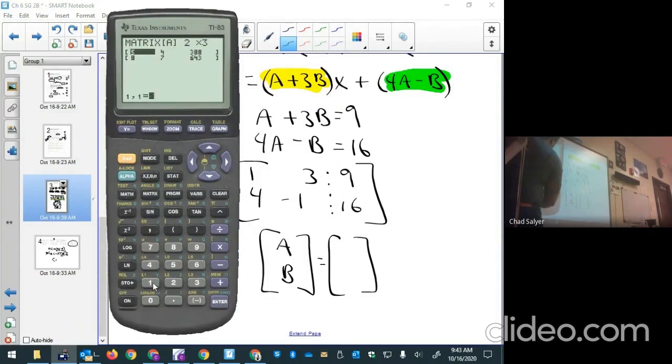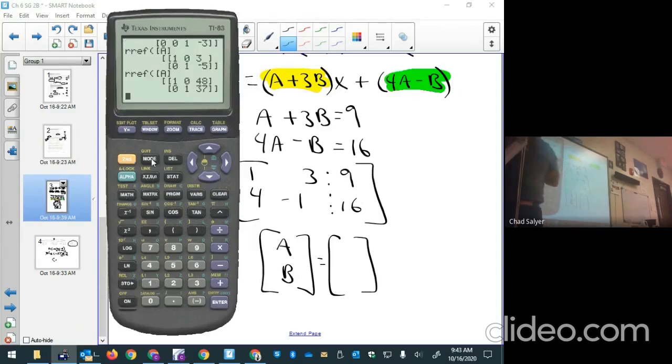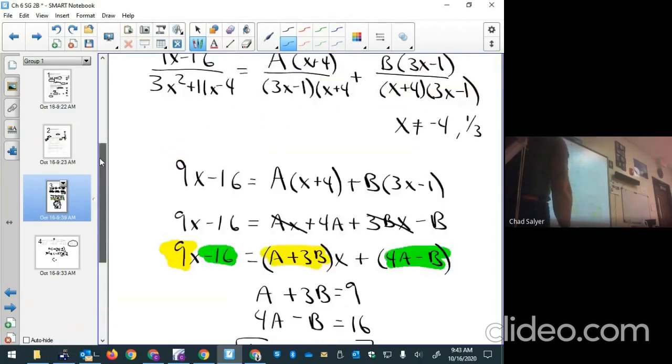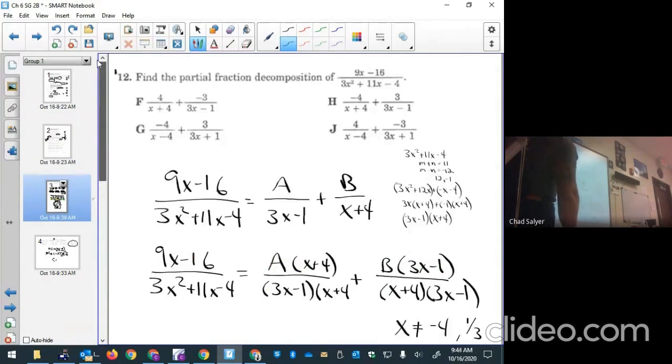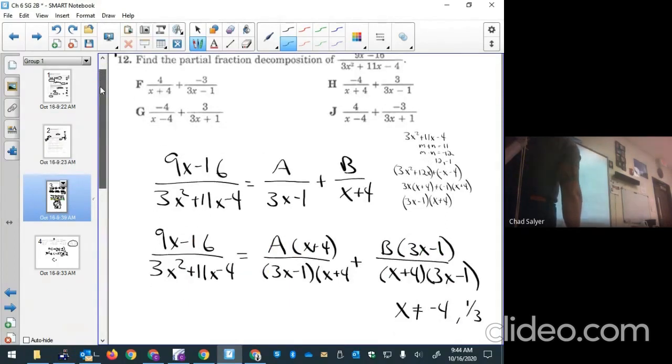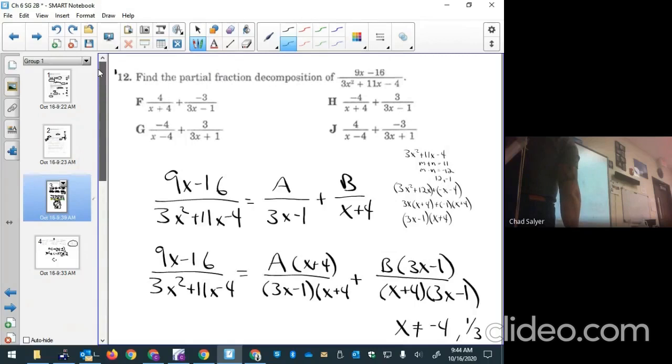So I want this to be a 1, 3, 9, and then a 4, a negative 1, and then a 16. So I've got some funky fractions there. That doesn't make a lot of sense. Double check myself. Must be a boo-boo somewhere.